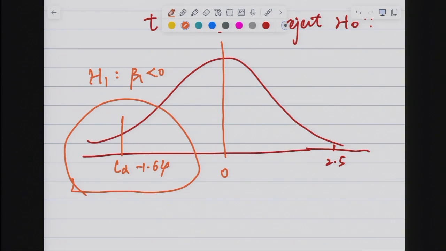Now, the next one. A t-statistic of 0.2 suggests that at conventional significance levels, we are likely to fail to reject the null hypothesis, regardless of whether the alternative hypothesis specifies a two-sided or one-sided one.